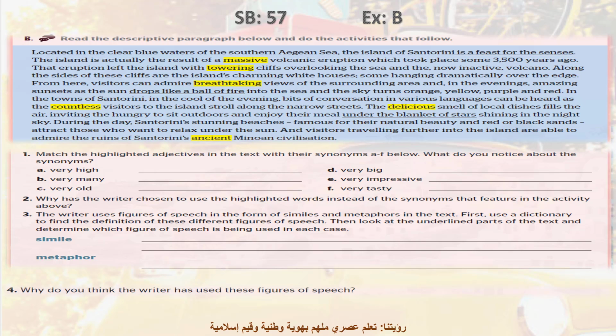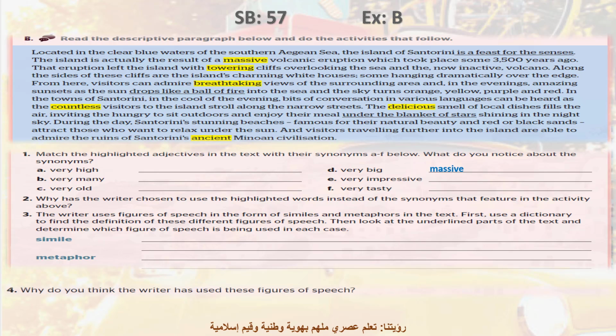The island is actually the result of a massive volcanic eruption. I think massive is related to size. Yes, it may mean very big or huge, right? So the answer for massive is D, very big.